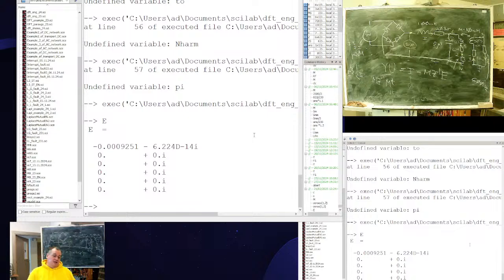And to get the nodal admittance matrix, I need the inversion of the resistance matrix. I have a problem. I have two non-diagonal elements. But I can help myself with this one.